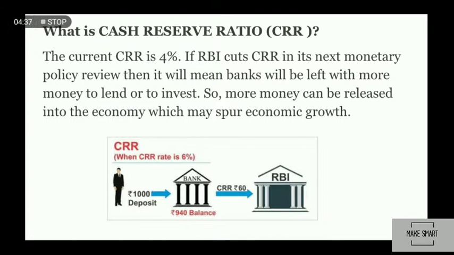If it is reduced from 6% to 2%, then 2% of 1000 is 20 rupees, and 980 rupees is left in the bank. This means if the bank has more amount, then it invests more in the economy. CRR is the cash reserve ratio that goes to RBI. Currently, CRR is 4%.